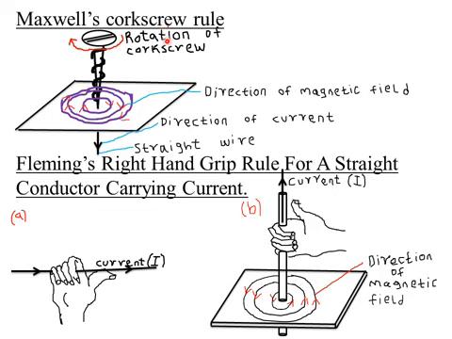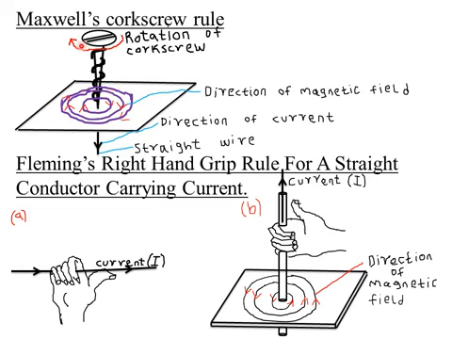So the Maxwell's screw rule states that if a right-handed screw is driven forward in the direction of the convectional current, then the direction of rotation of the screw is the direction of the field line. So if we are rotating the screw in this direction, then the field lines will also be rotating in a similar direction.